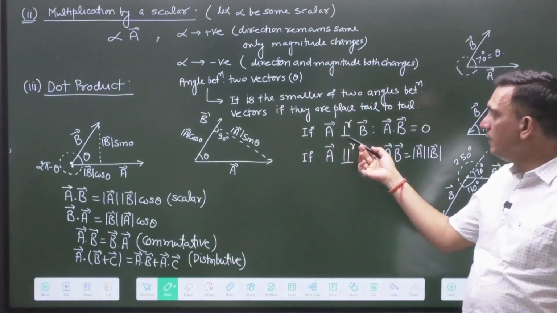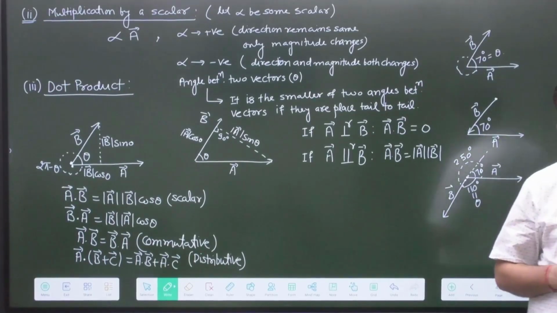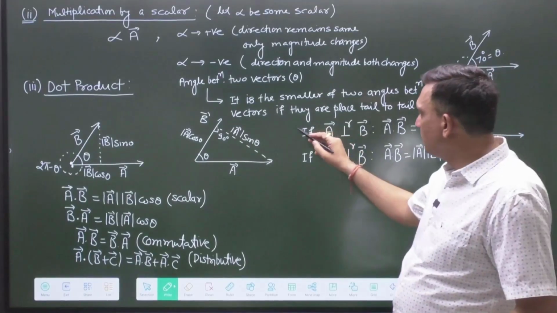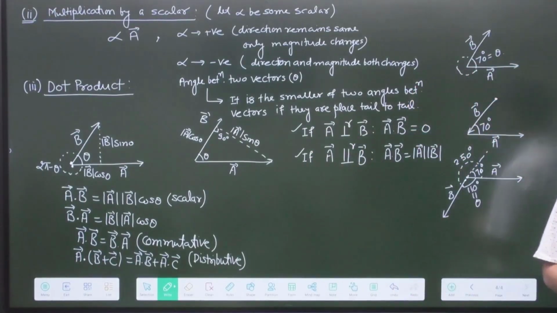Here theta is 90 degree, here theta is 0 degree. Okay? So that is the dot product of two vectors. That is the third operation. So we will use these properties to check whether vectors are perpendicular or parallel to each other.